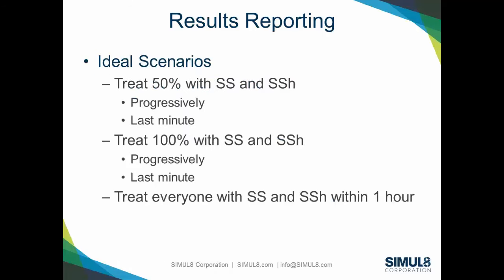And so we looked at further results: what happens if you treat 50% of people with septic shock and severe sepsis either progressively or at the last minute, what happens if you treat 100% with severe sepsis and septic shock progressively or at the last minute, and what happens if you treat everyone with both those conditions within an hour.